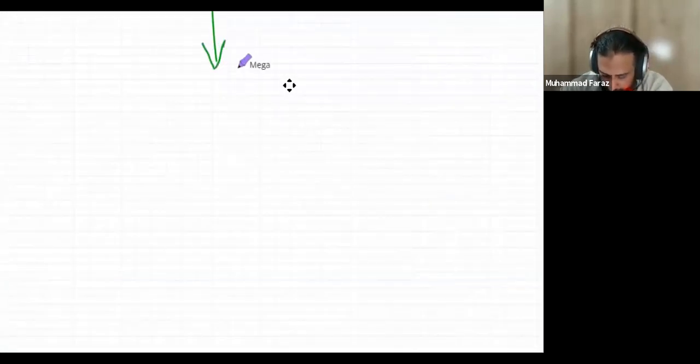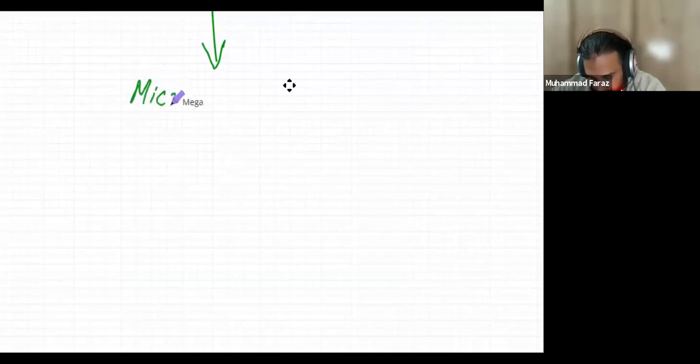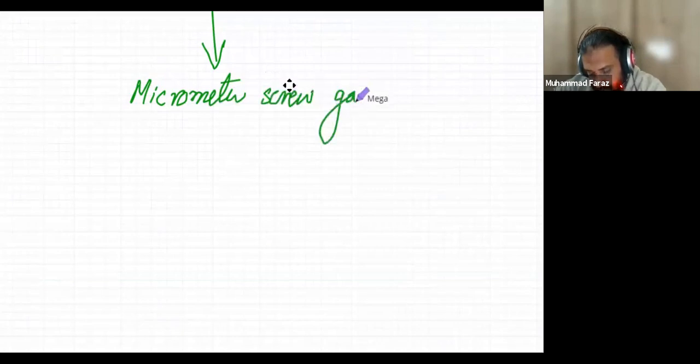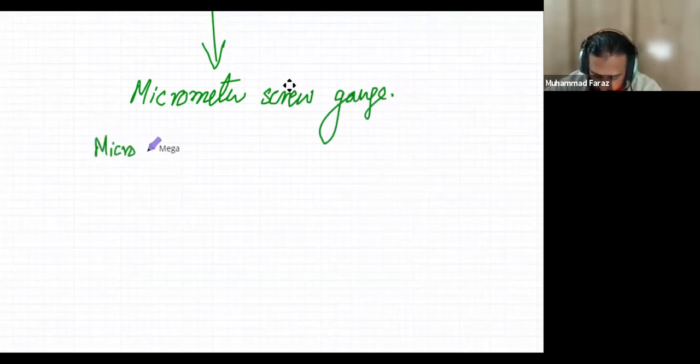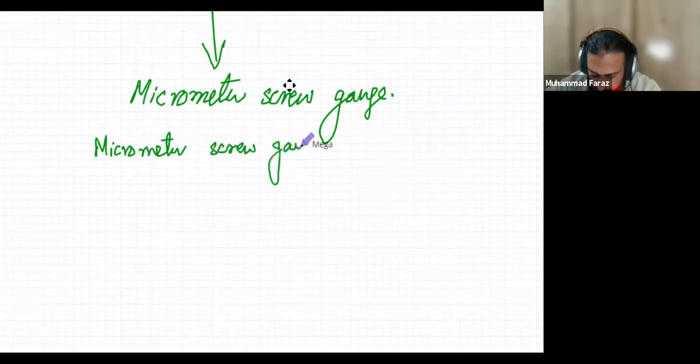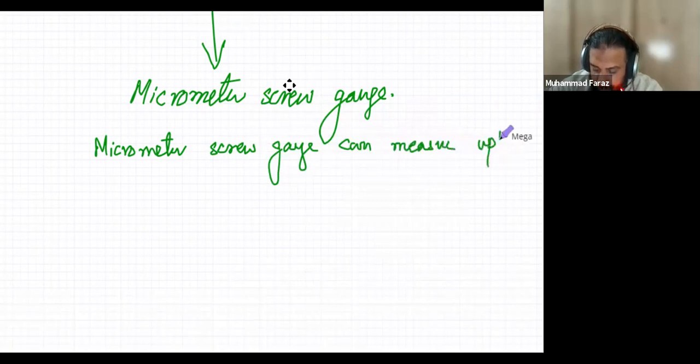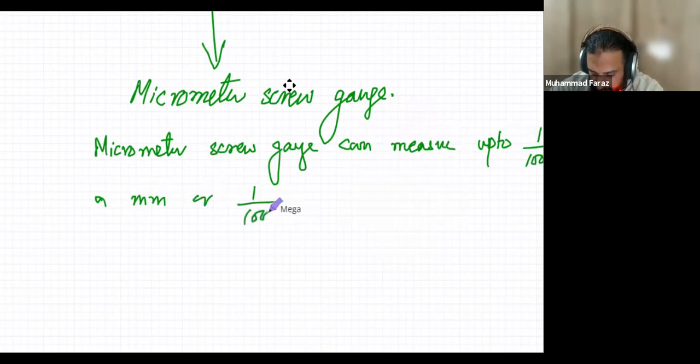The micrometer screw gauge can measure up to 1/100 of a millimeter or 1/1,000 of a centimeter.